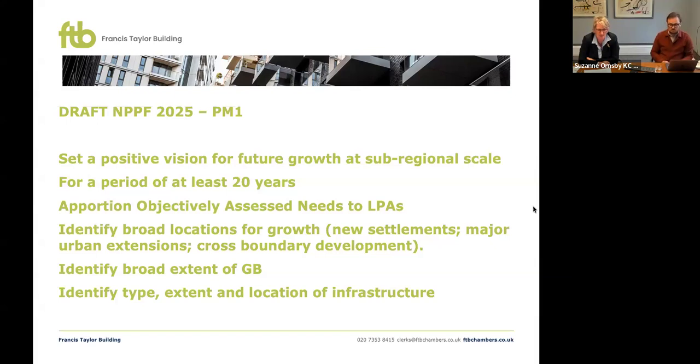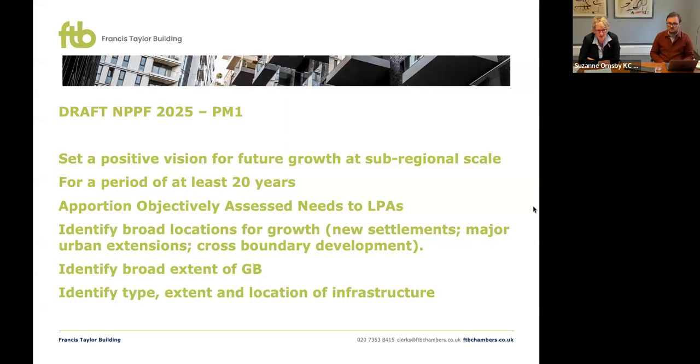They are required to be in place for a period of at least 20 years, and some SDS authorities are planning for 30 years. They are to apportion the objectively assessed needs to the local planning authorities preparing their new local plans. They are to identify the broad locations for growth, which would include new settlements, major urban extensions, and cross-boundary development.